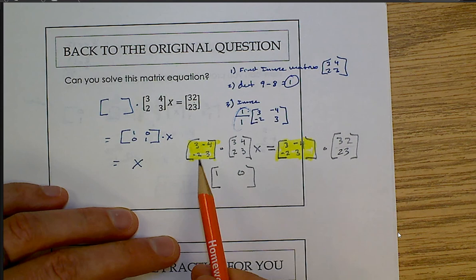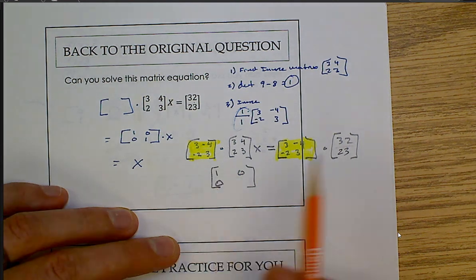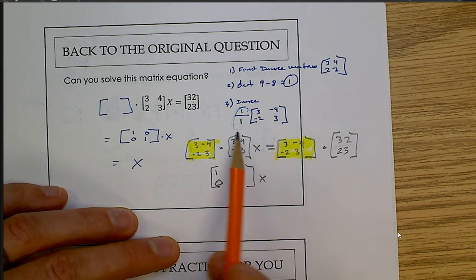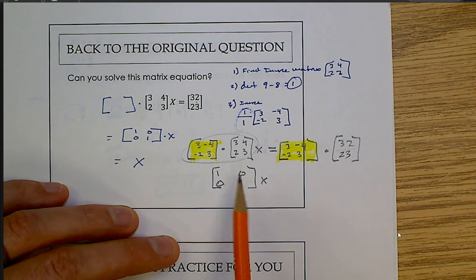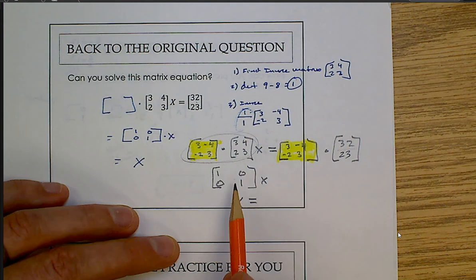If I want to find this element here, negative 2 and 3 is negative 6, negative 3 and 2 is 6, that gives me 0. And this column here, negative 8 and 9 gives me 1. So when I multiply these two together, I got my identity matrix, times x.